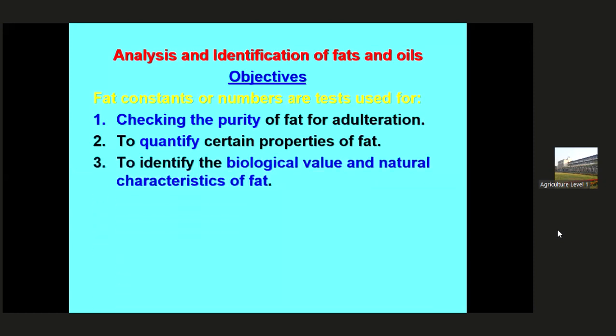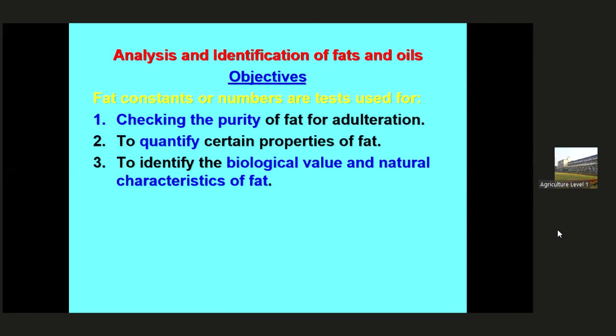Then, to identify the biological value and natural characteristics of fat. I have already discussed biological value: if a fat becomes rancid, it loses its biological value as well as its commercial value. To know whether it will perform its biological function in your body, you have to know whether the fat is pure or not.